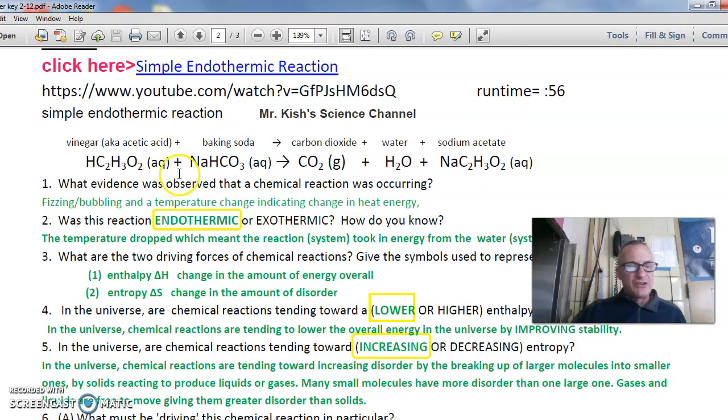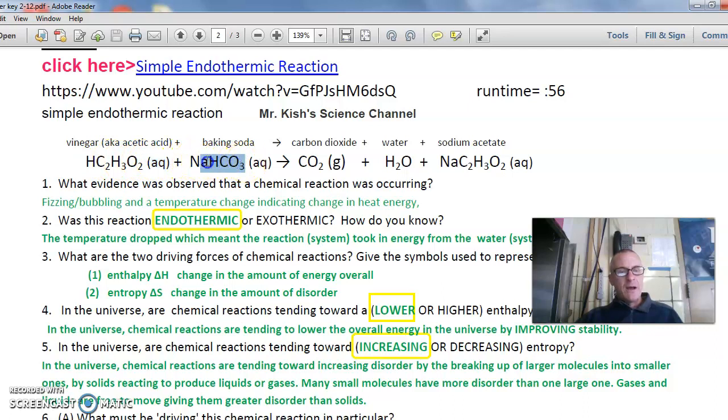In the second demonstration, we have acetic acid, called vinegar, and they're reacting it with baking soda. The AQ after it means that these are solutions. So we have acetic acid in a solution, and what that means is it's dissolved in the solution. So this substance is broken up.